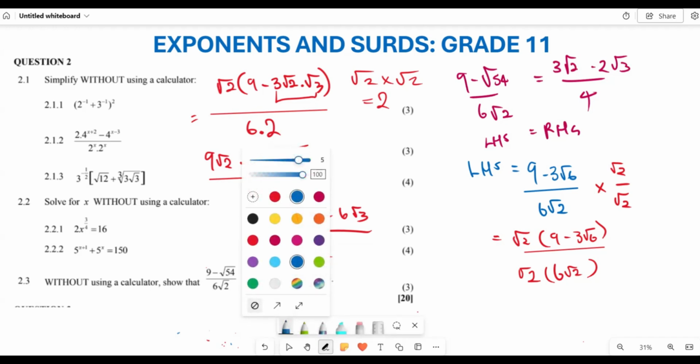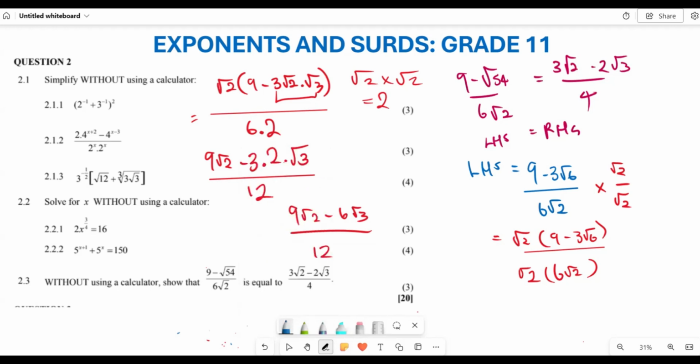So if I take out a common factor of 3, what am I going to have? Let me write this. This is the same as 3, and I'm going to remain with 3 into root 2, subtract 2 into root 3. Are we fine? Then this is the same as over 12.